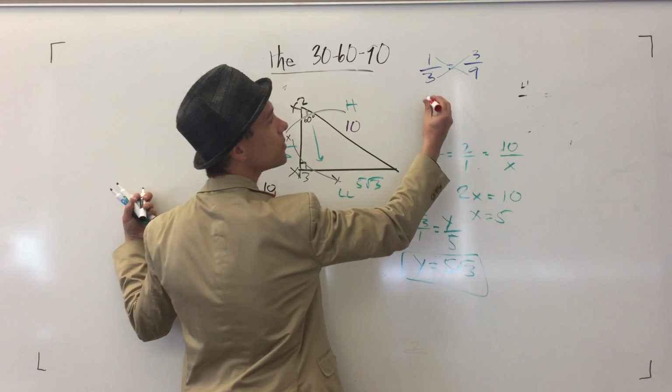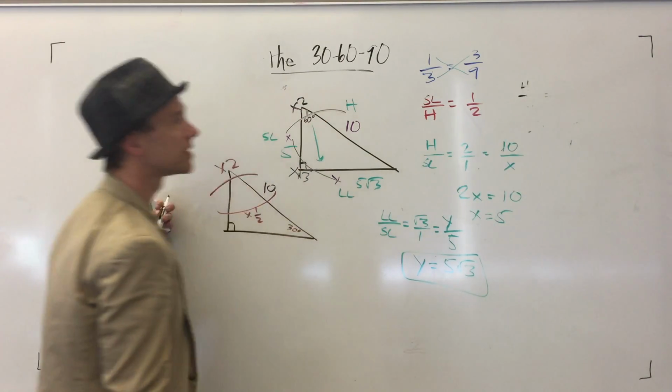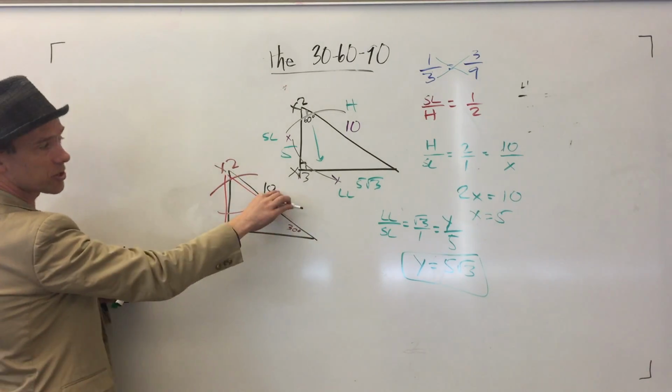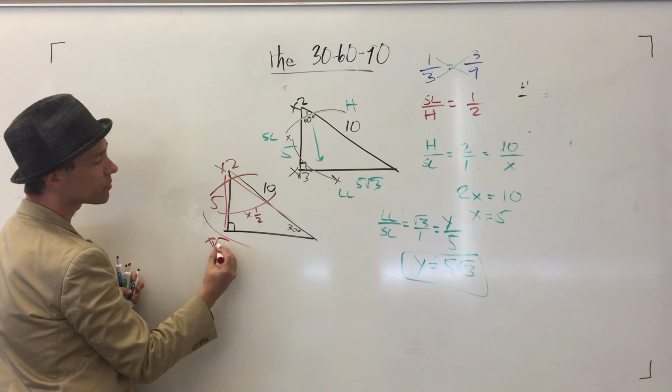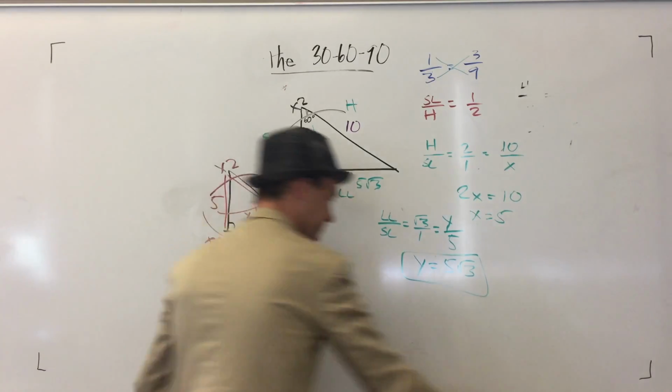If you rewrote this, you could do short leg over hypotenuse is 1 over 2. That's the ratio of this leg to that leg. And so you could go 10 times 1/2 is 5, and then you know this is a root 3, so you get 5 root 3 on that end.